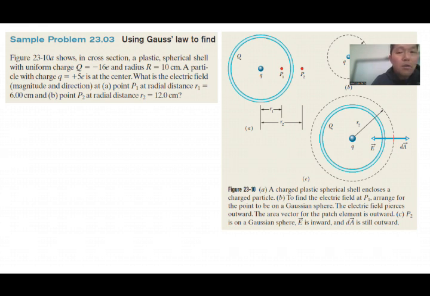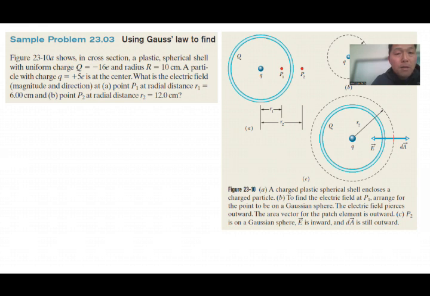In order to estimate the net charge across the Gaussian surface, you first have to set up the Gaussian sphere. In this case, the point charge is sitting at the center of the system, so your Gaussian surface must be the symmetrical shape, which is a sphere.